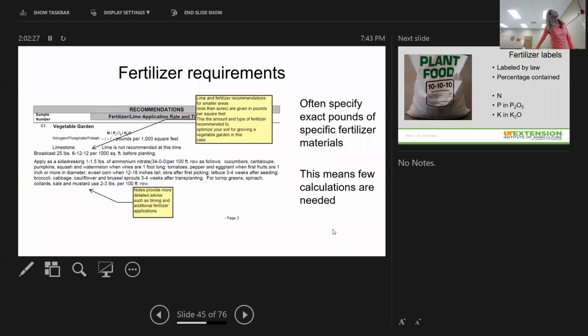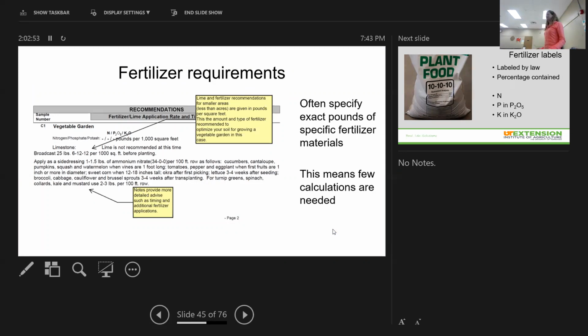Let's see. You also want to watch the forms. We have two forms now. We have a field crop form, and then we have the home and garden form. Your home and garden form is going to give you recommendations in 1,000 square feet or 100 yards for smaller areas.